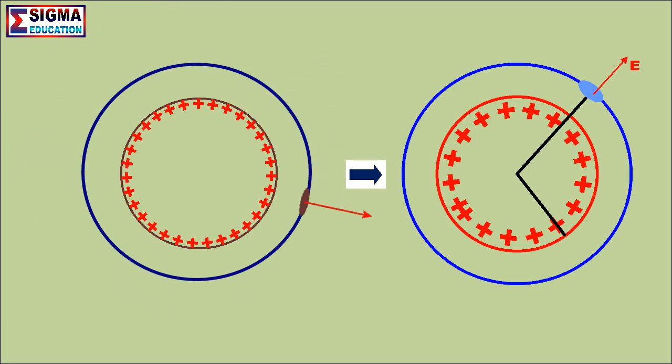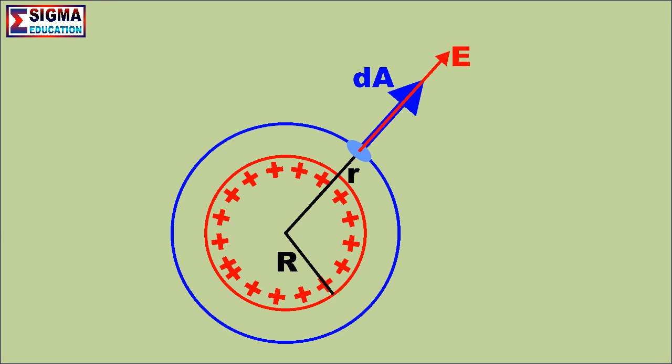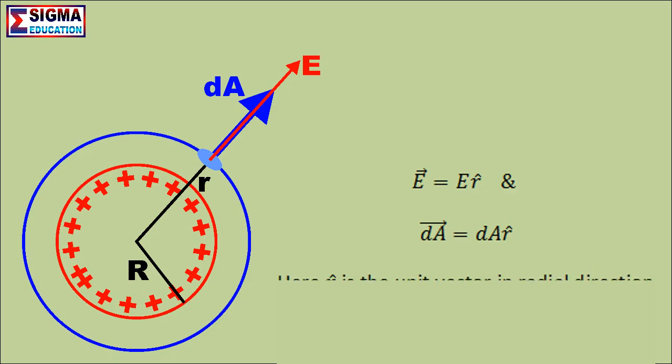If we consider an elemental area at the Gaussian surface, then the electric field intensity will be perpendicular to it. Now we can say that the electric field intensity and area vector are both radially outward. Now we can write the elemental area vector and electric field accordingly.